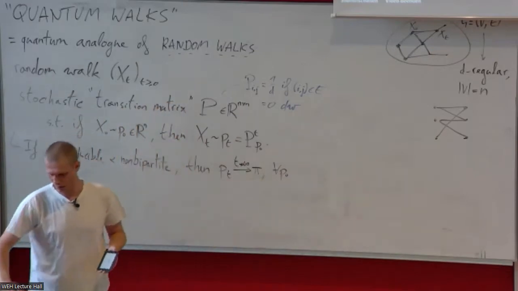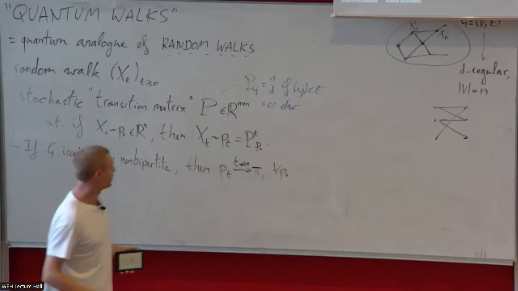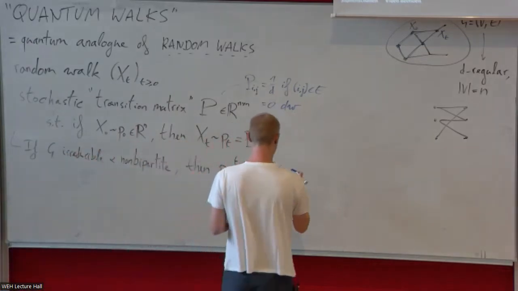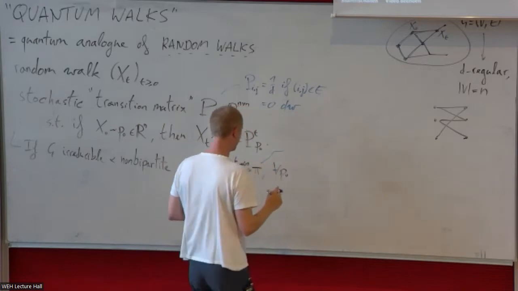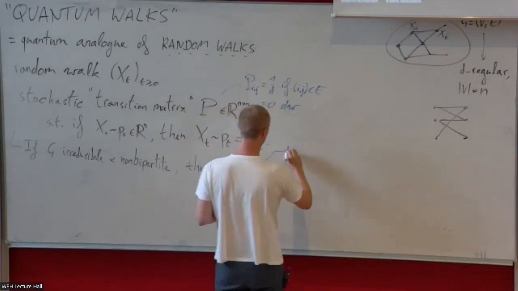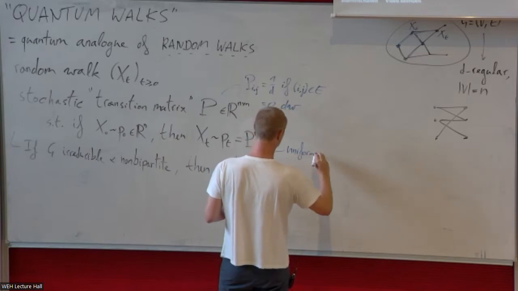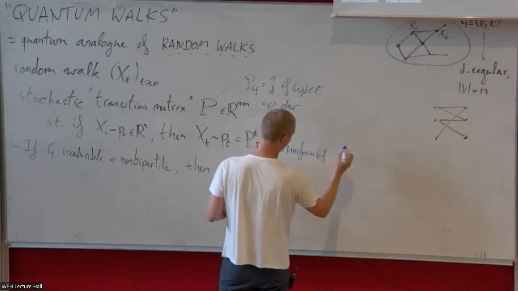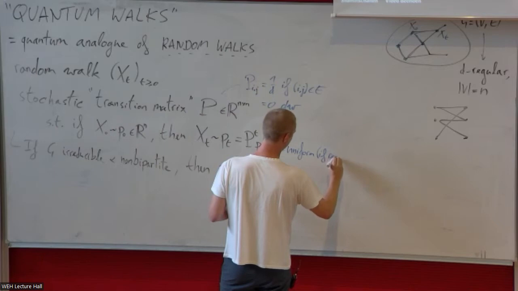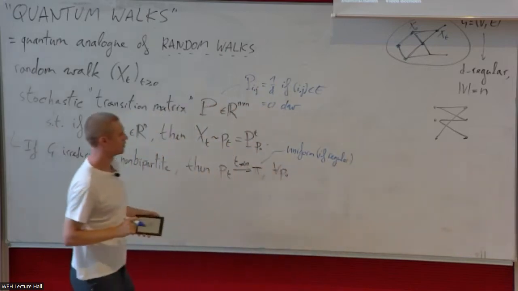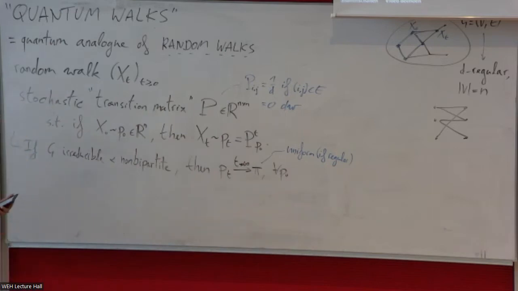And I said I made the graph regular to make our life a bit easier, and in fact, it already does, because this will be uniform provided the graph is regular. And that's exactly what we're going to be assuming throughout. Okay.